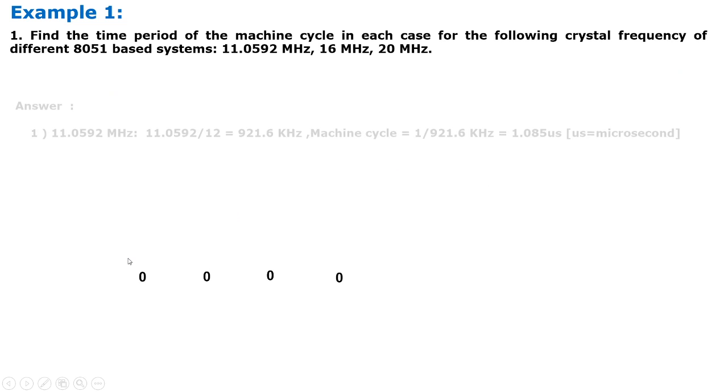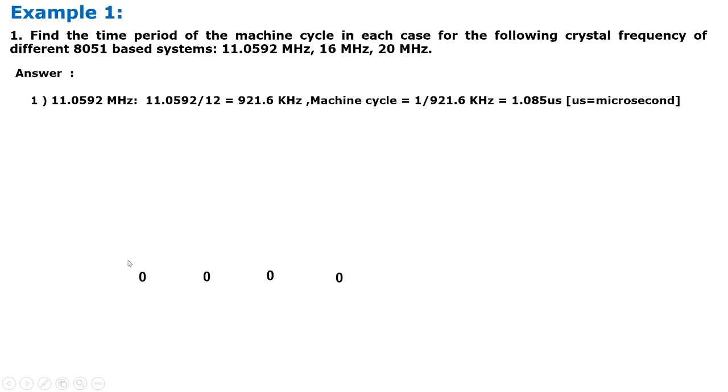Let us discuss a simple example related to TMOD registers. Find the time period of the machine cycle in each case of the following crystal frequencies of different 8051 based systems: 11.0592 MHz, 16 MHz and 20 MHz.